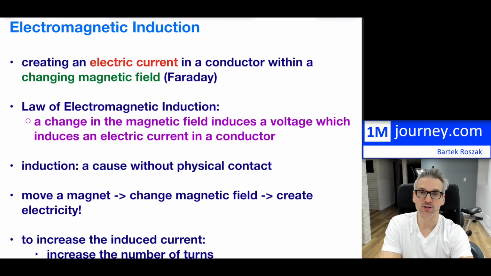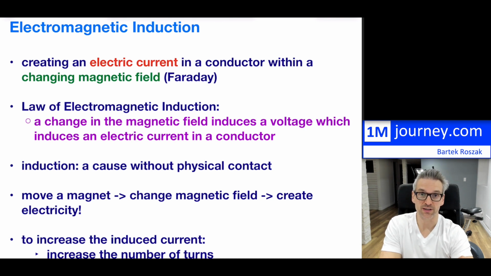So now the question arises, well, can we do the opposite? Can we, through having a magnetic field or some kind of a magnet, even a permanent magnet, induce, without any kind of physical touching, an actual current flowing through a conductor?